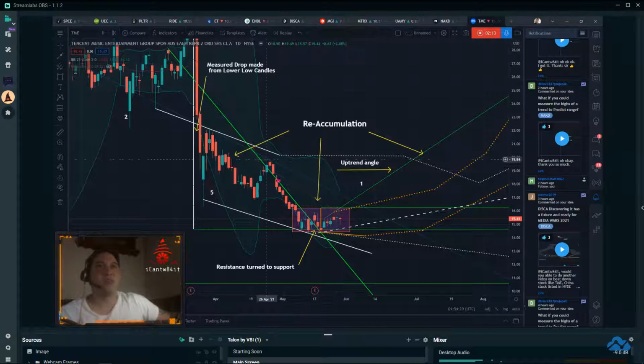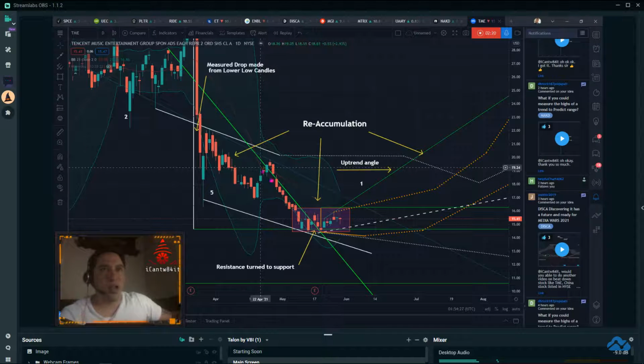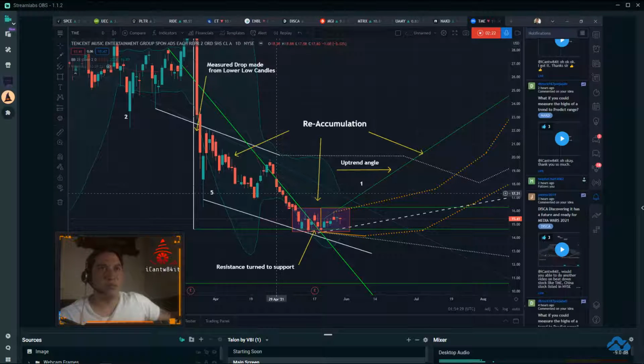And so that is the first thing that you want to look for in a downtrend to see whether or not the stock is going to take off. Like, when is it done going down? It can still go down from here if they can't control the float. But usually when this happens, this means that they've got control of the float.